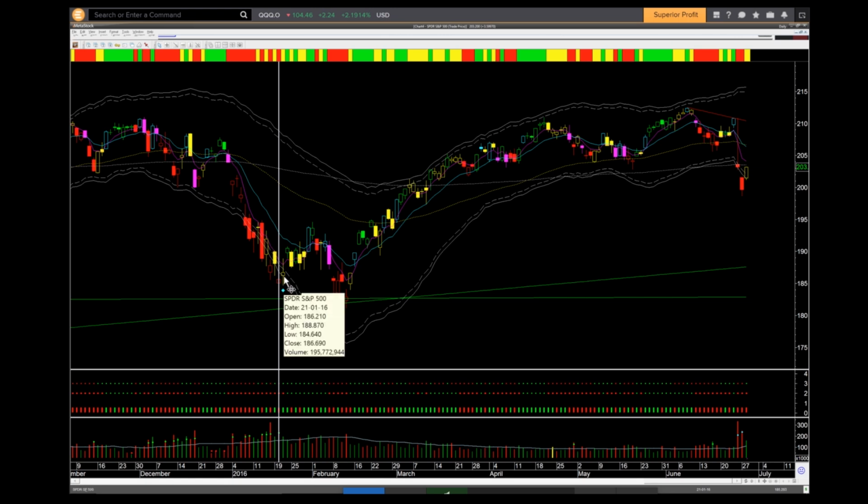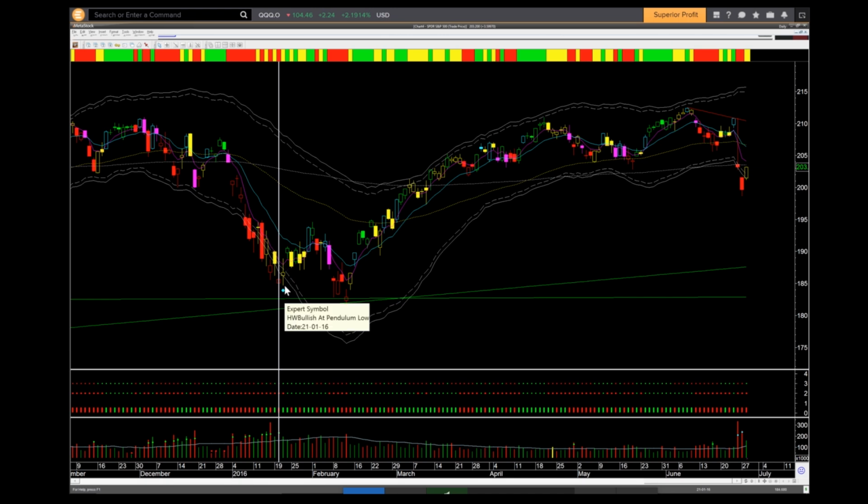Some large traders, group of traders, investors, they tried to push it down but couldn't keep it to the lowest point. And some traders, big players, tried to push it up but couldn't keep it at the upper side.